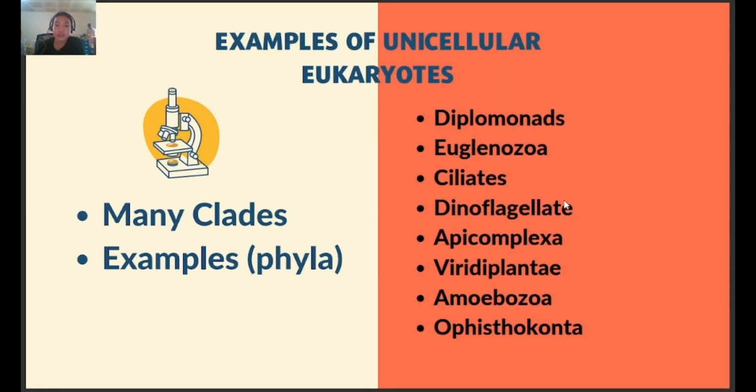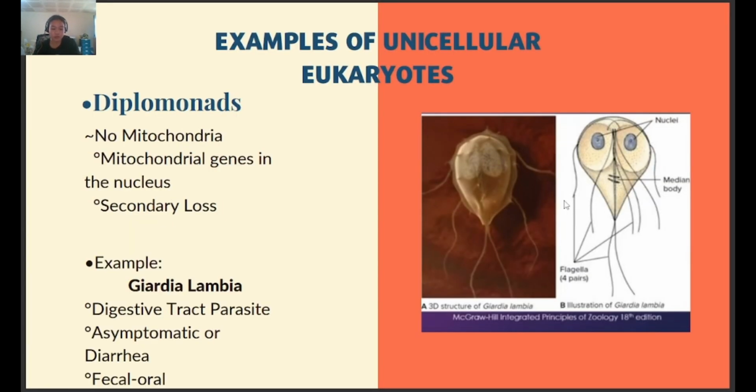There are a lot of kinds of unicellular eukaryotes, but I will just be talking about some of the famous examples: the diplomonads, the Euglenozoa, the Ciliates, the Dinoflagellates, the Apicomplexa, the Viridiplantae, the Amoebozoa, and the Opisthokonta.